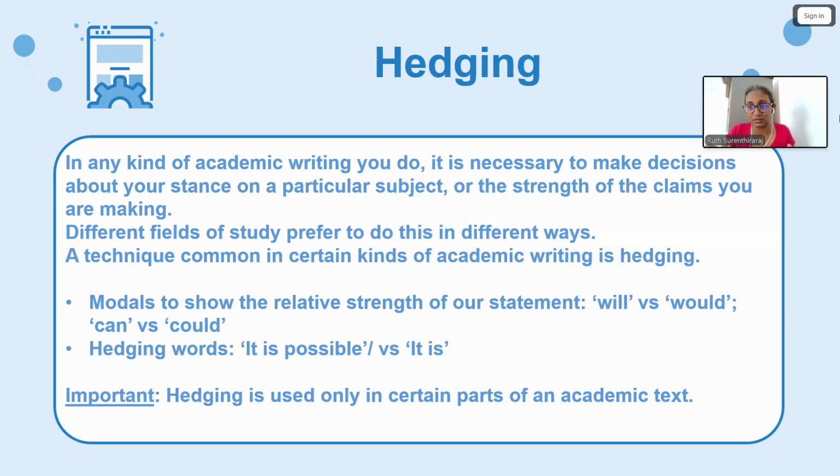You can't just use hedging everywhere also, guys, right? When you have to make a claim and when you have to take a definite stand, then you must use the proper verb. But most of the time in research, we try to show that we are considering all options, right? Try to remain a bit open about our conclusions. And so most likely in conclusions or claims, we will use modal verbs.